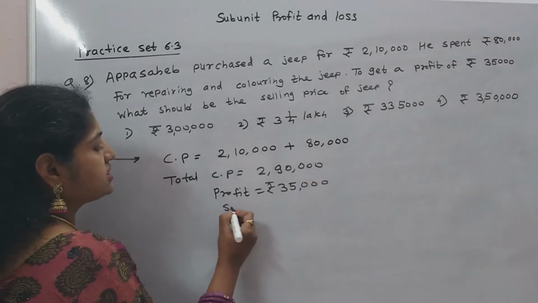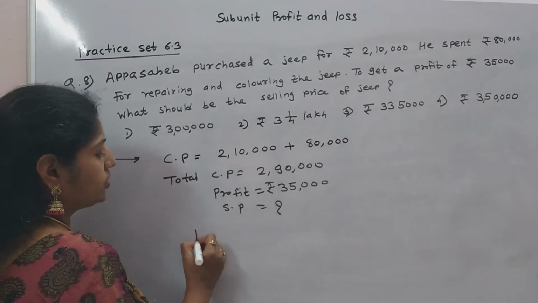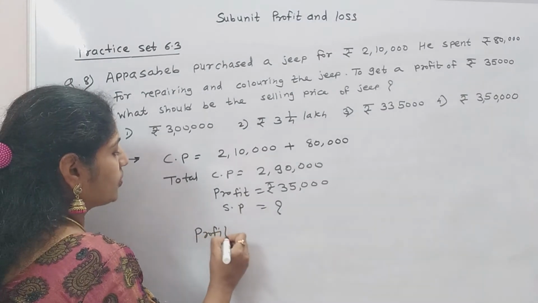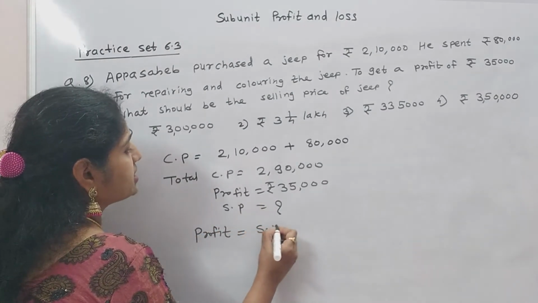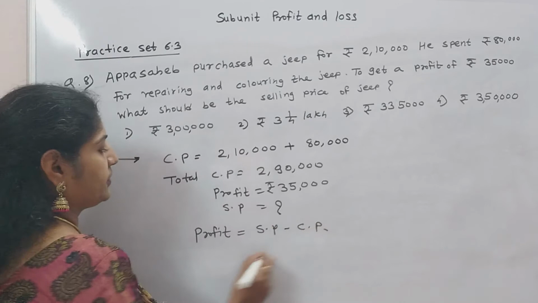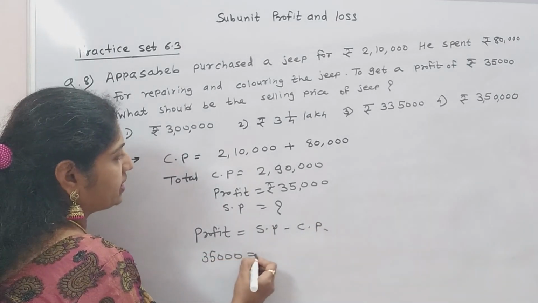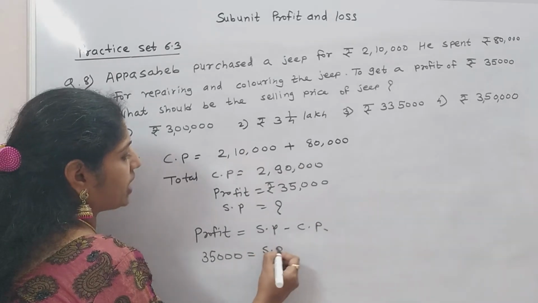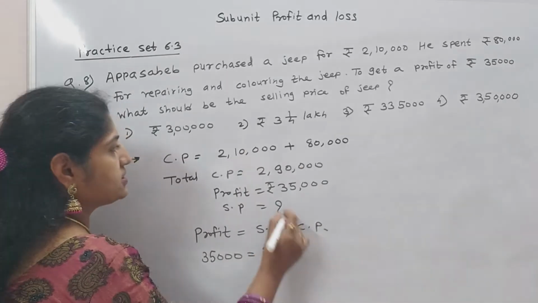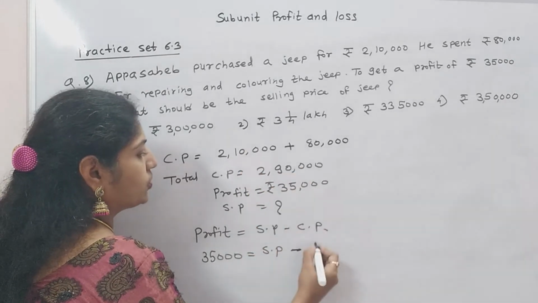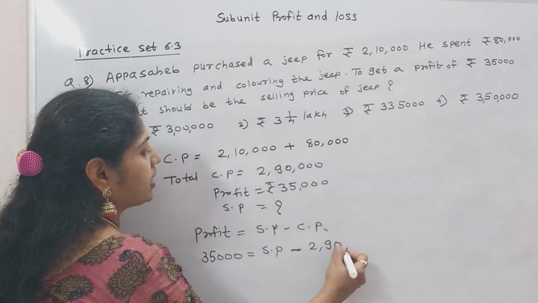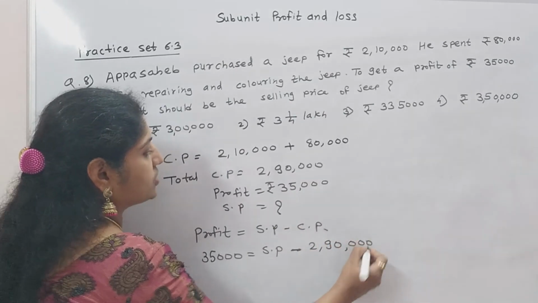So what is the selling price? You know that profit equal to selling price minus cost price. Write down the profit here. 35,000 is the profit. Selling price we have to calculate, minus total cost price of that jeep, 2,90,000.